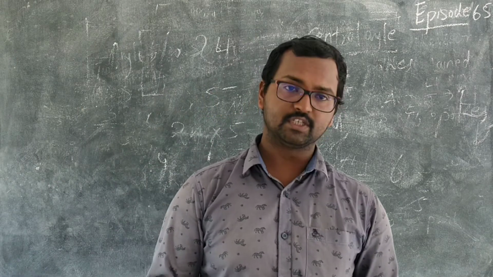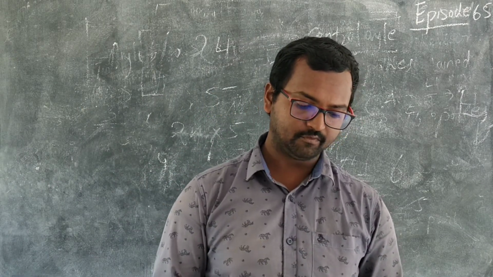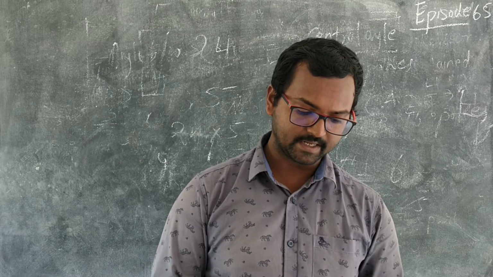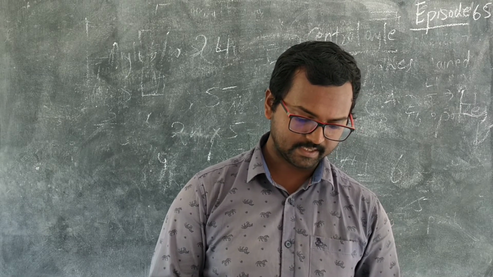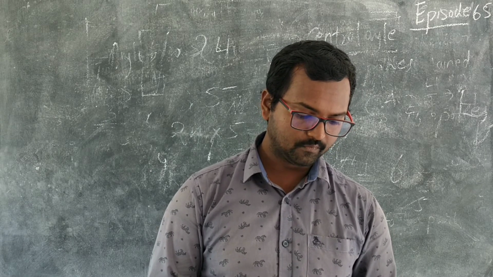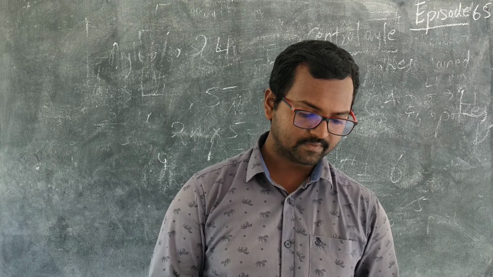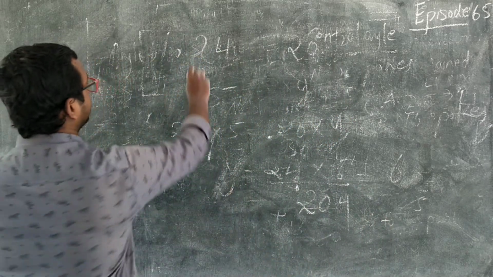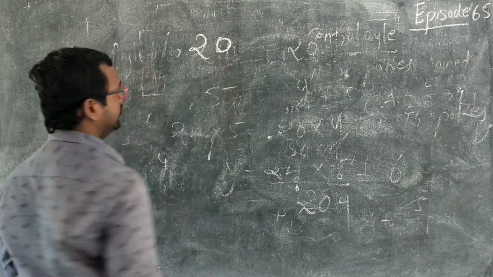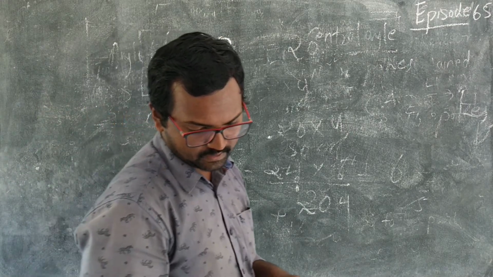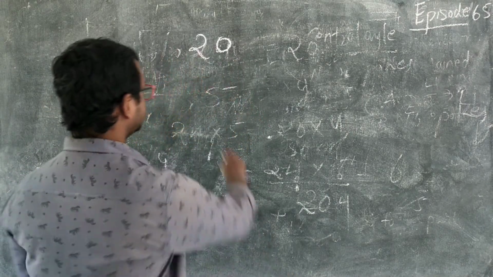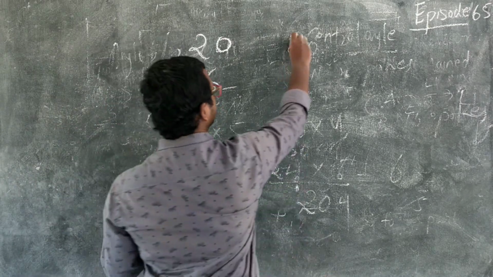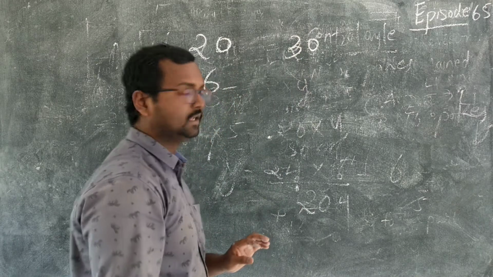Now look at question number 5. A farmer has enough food to feed 20 animals in his cattle for 6 days. How long would the food last if there were 10 more animals in his cattle? Initially he had 20 animals and food for 6 days. Now he has 10 more animals, which is now 30 animals.